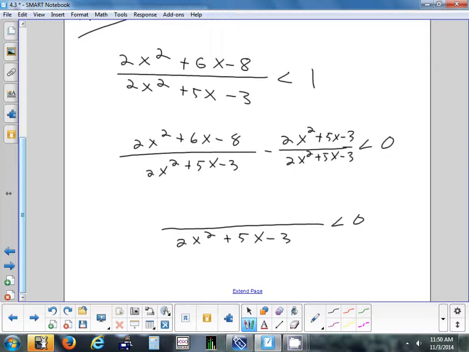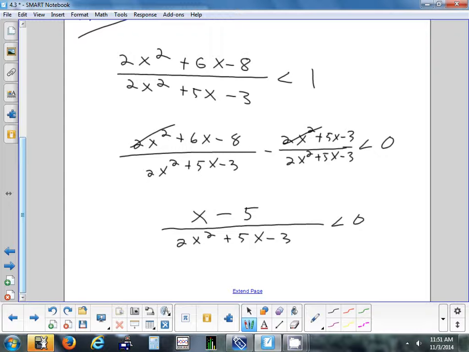So the top, actually, it's not going to come out bad at all. We're going to lose the quadratic term. 2x squared minus 2x squared. Okay, Cole, what's 6x minus 5x? Yep, just 1x. And Brielle, what's negative 8 minus negative 3? Yep, negative 5.